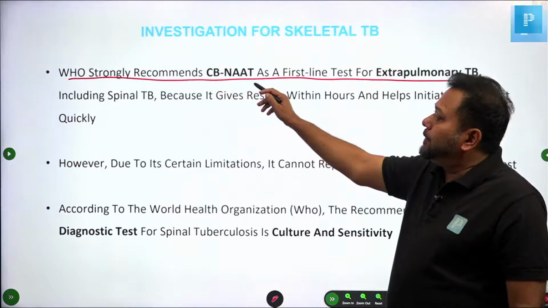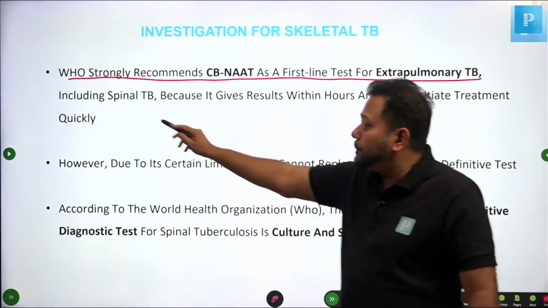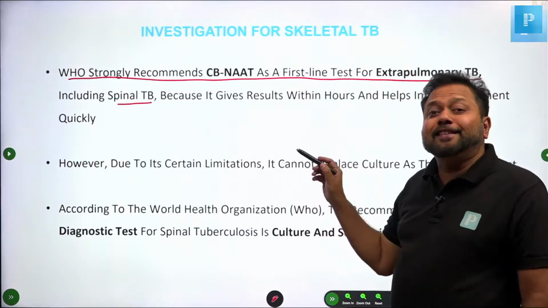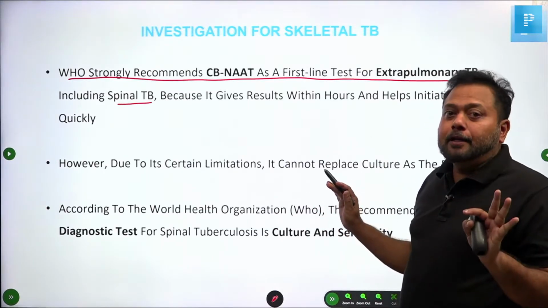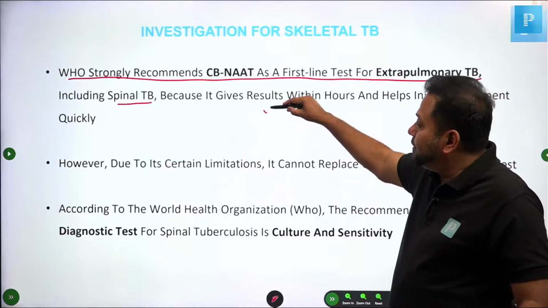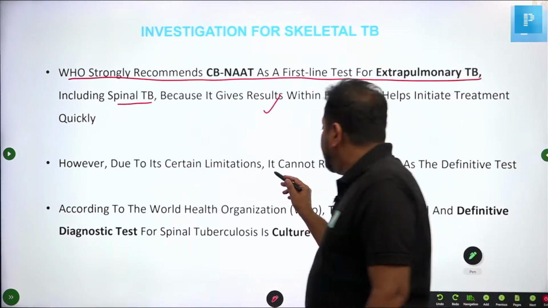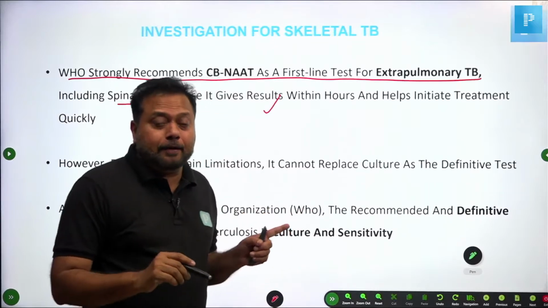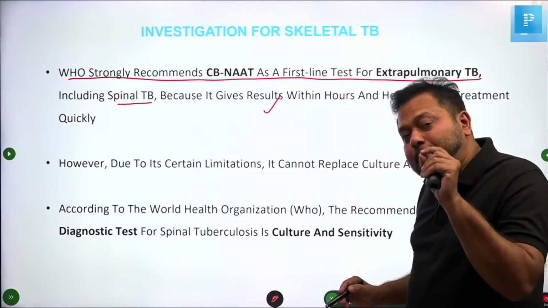WHO strongly recommends CB-NAT as the first line test for extrapulmonary tuberculosis, including spinal TB, because it gives results within hours so that we can start treating the patient. There is no delay in treatment. So this is a valid point. However, due to certain limitations, it cannot replace culture and sensitivity, because culture and sensitivity is 100% specific.